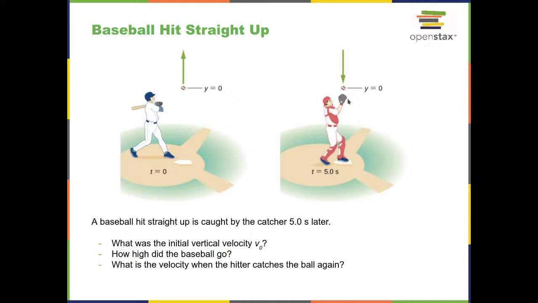Do we know the initial velocity? No, we don't know the initial velocity. We're actually asked for it. Do we know the acceleration? Yes, that's 9.80 meters per second squared with a negative sign to go in the negative y direction. And we know the time of 5 seconds.